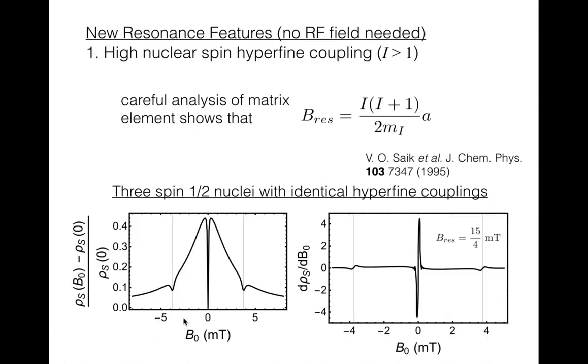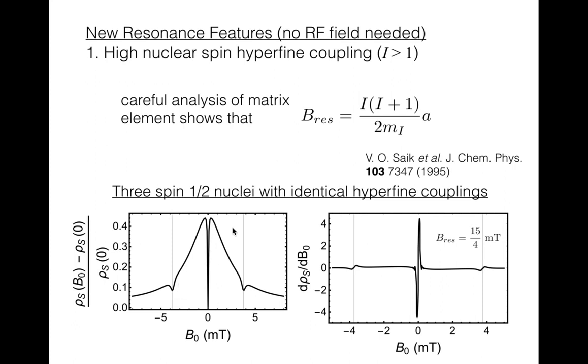So I'd like to talk now about some other features of the near zero field effect and make some predictions. If we increase the spin of the nucleus to more than one, we actually can get resonances in the near zero field effect. So here is an example calculation of 3 spin 1/2 nuclei. So I is effectively 3/2 here.